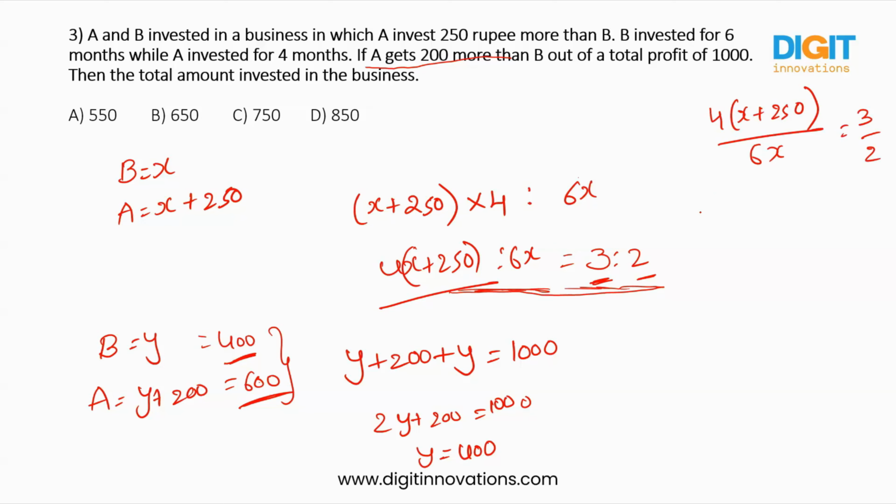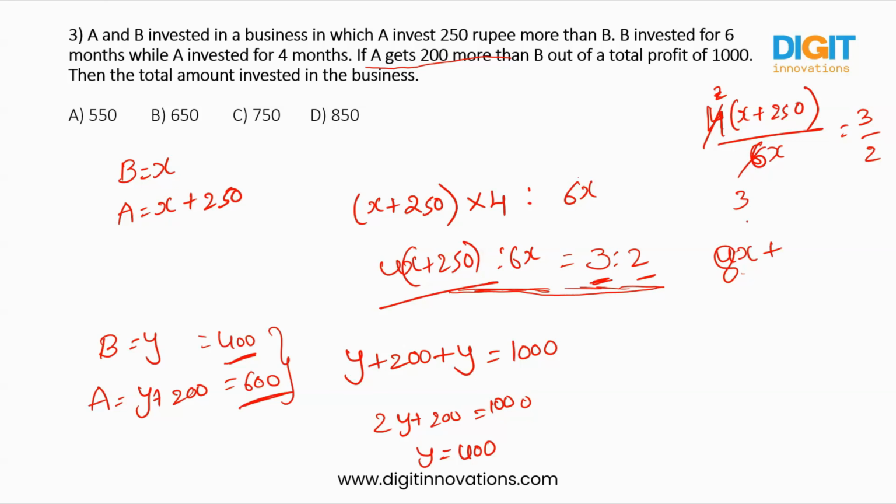So here 2's to 3's, it will be 4x. You can directly write it. After that, we will do this simplification.